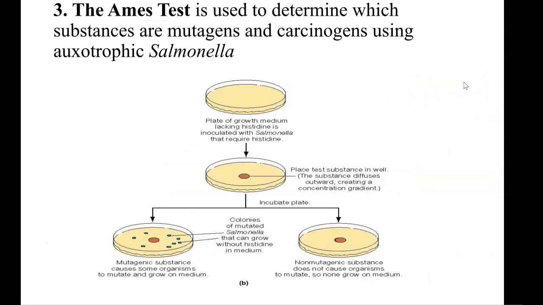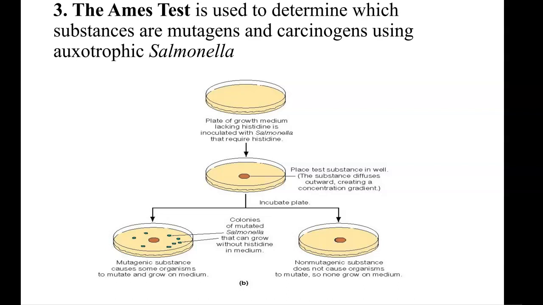The last test that I'm going to talk about is the Ames test. The Ames test is a toxicology test that determines whether chemicals, drugs, or whatever a company is trying to put out as a product is a mutagen that causes mutations or can cause cancer.